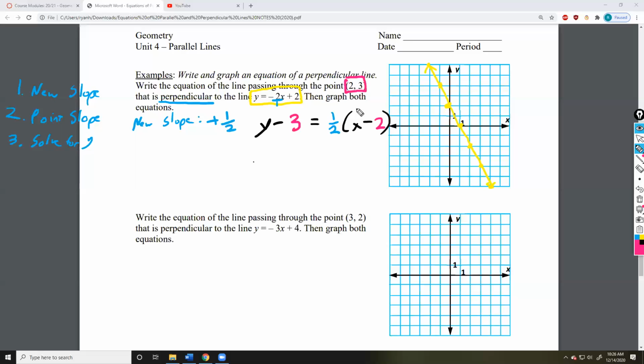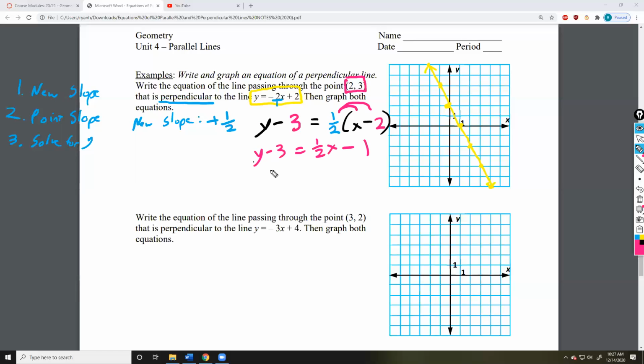So now all we need to do is solve for y. I'm going to go ahead and distribute the 1/2. So I have 1/2 times x, and then I have half of 2 is 1. So again, I have a y minus 3.